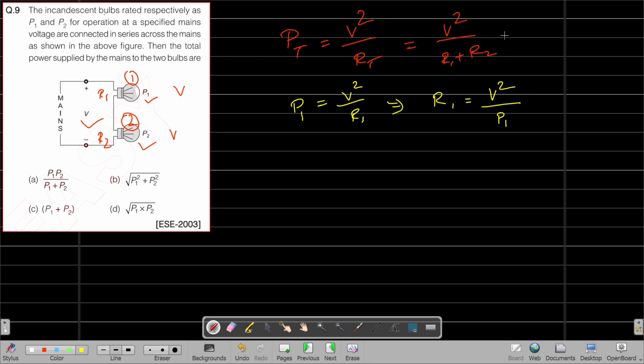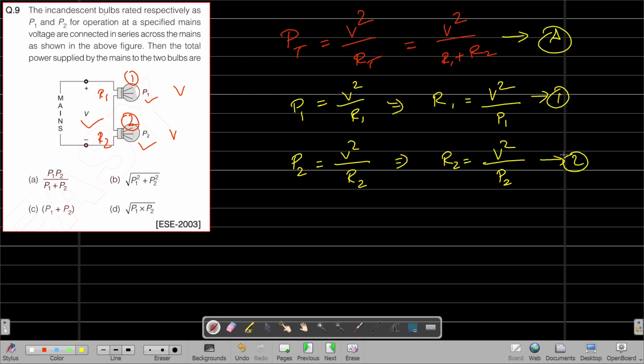First let's name it equation A and this is equation 1. Now let's write for R2. So P2 equals V square upon R2, and rearranging to get R2, R2 equals V square upon P2, that is equation 2.